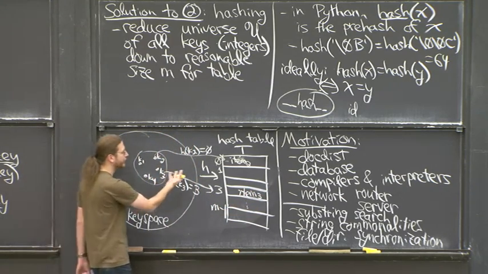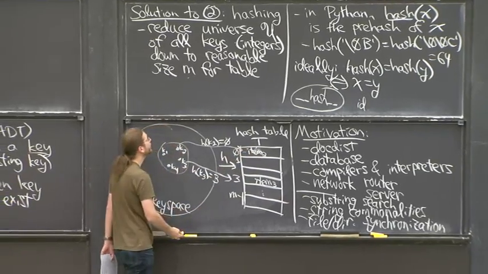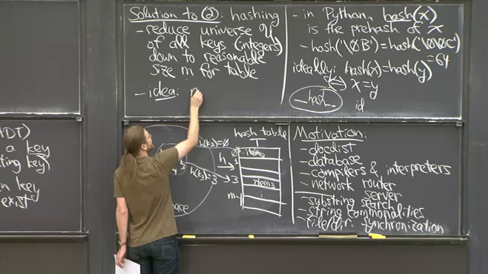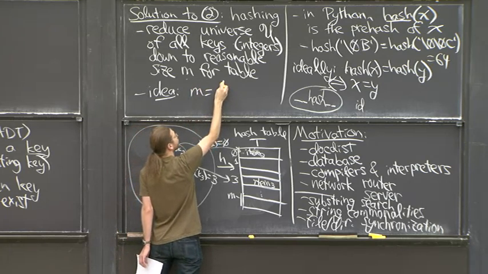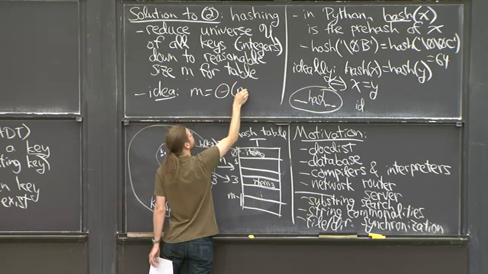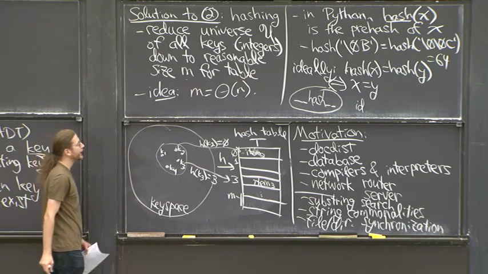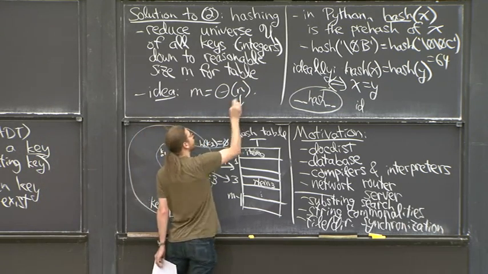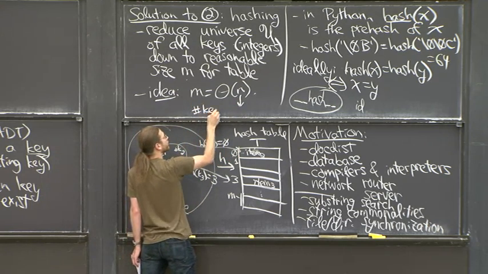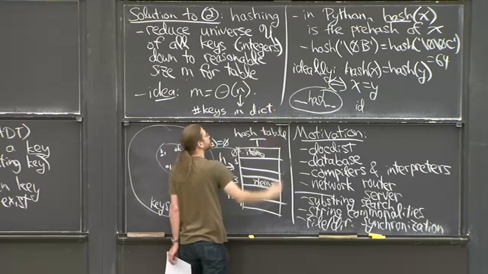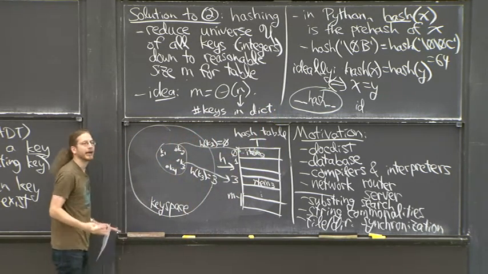So these 4 items each have a special position in the table. And the idea is we would like m to be around n. It's not much bigger. N is the number of keys in the dictionary right now.